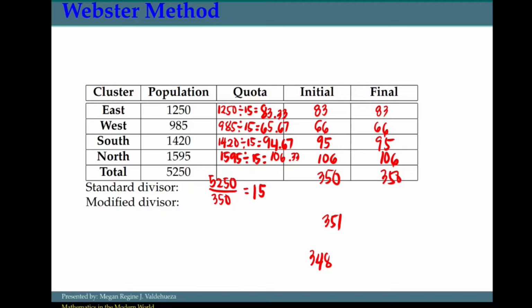So the modified divisor would be less than 15. That could be 14 or 13. It depends if the total of the recalculated quota and allocation will equal the total number of sacks to be apportioned. That is 350.